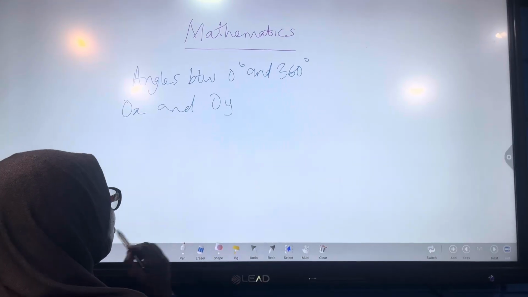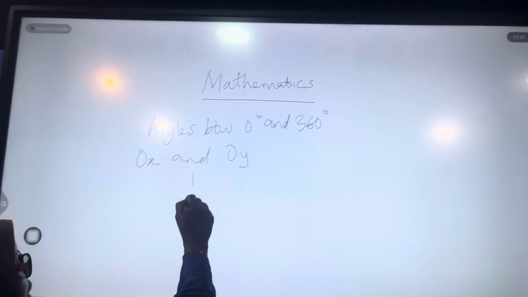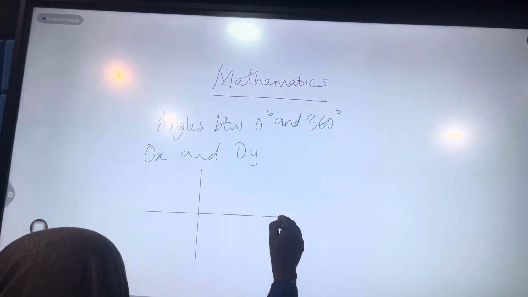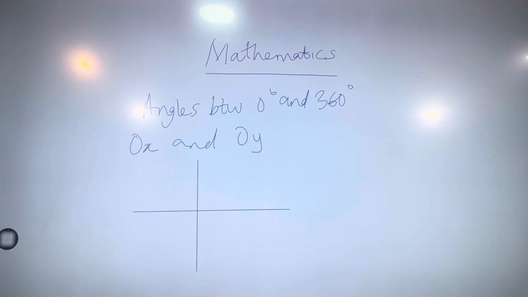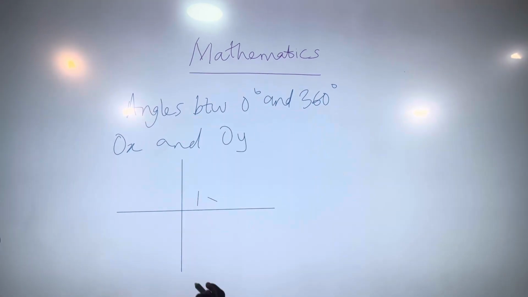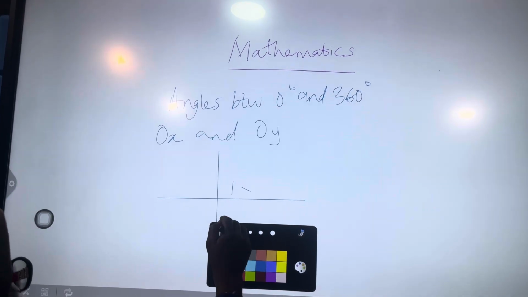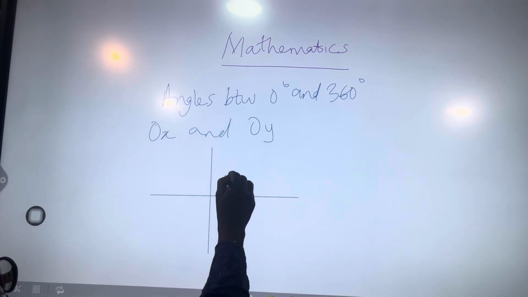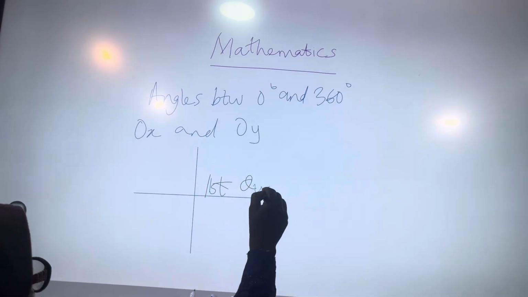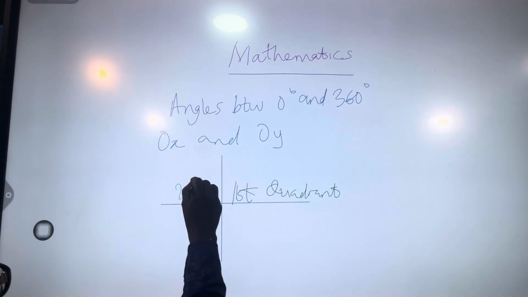To draw our plane, let me go to shapes again. Let me take the shape where I have the quadrants. This is the first quadrant. This is the second quadrant.